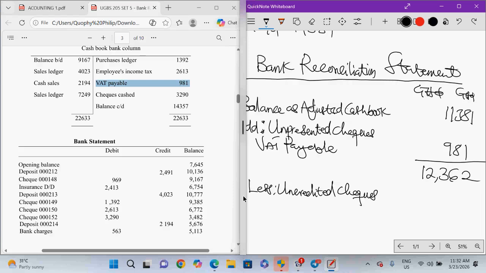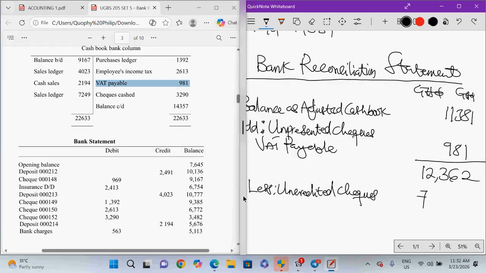The sales ledger. The sales ledger 402 is here, 2194 is here. Okay. All right. So 7249 is not here, right? Yes. Okay.